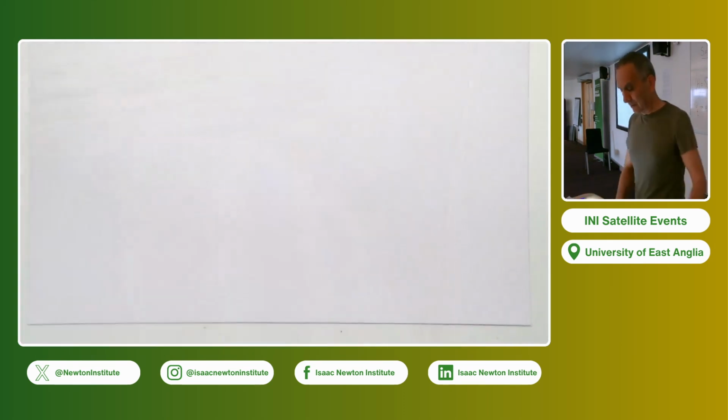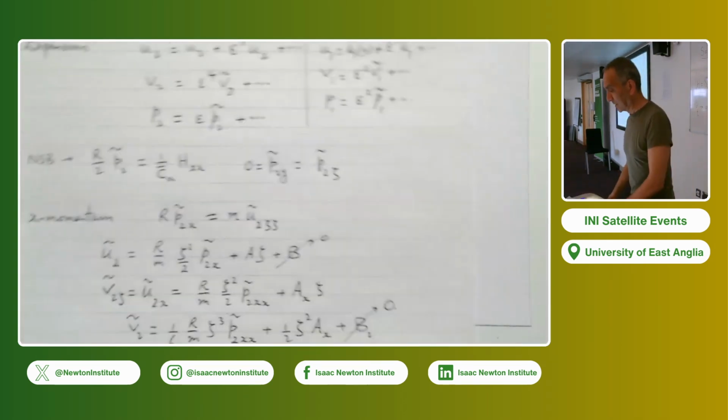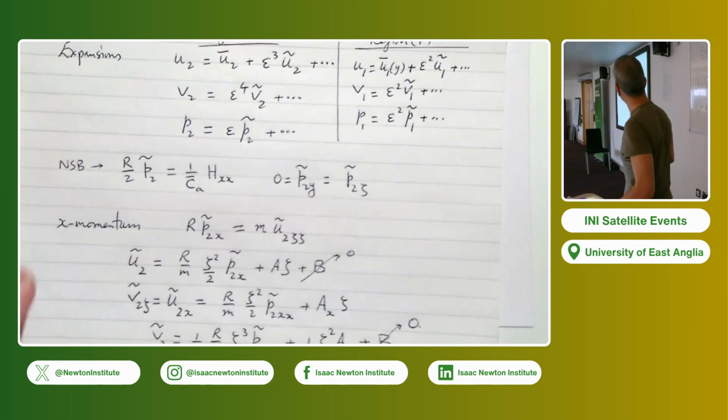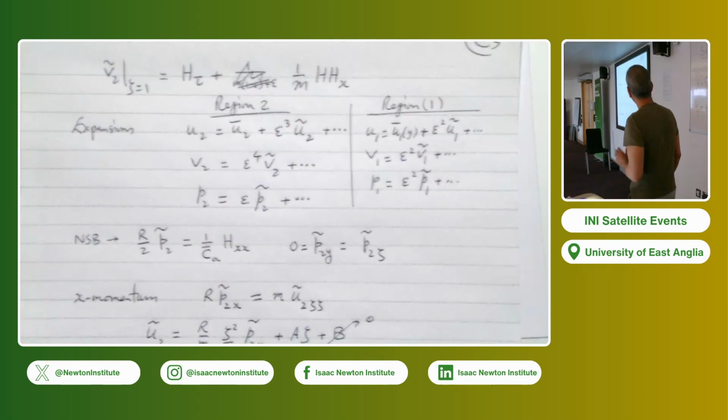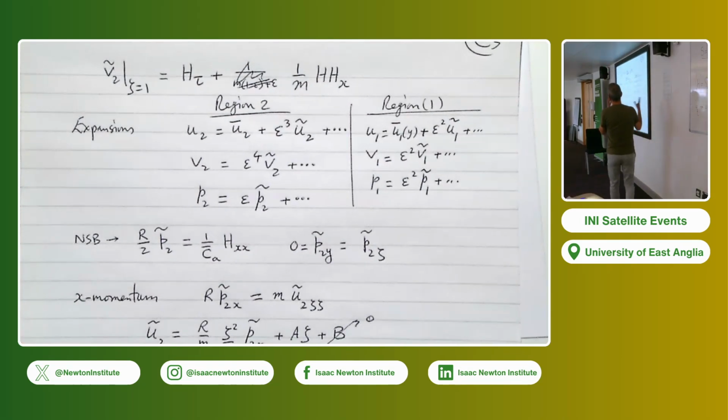Okay, so what's next? Well, this is my equation, and now it's much more complicated. I need to find this thing. This is the expansion. So now I have delta. I can do everything in terms of epsilon.